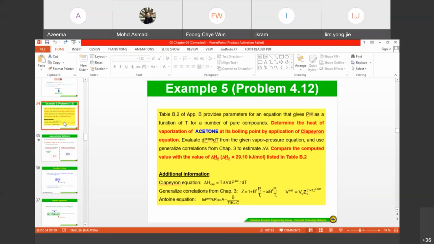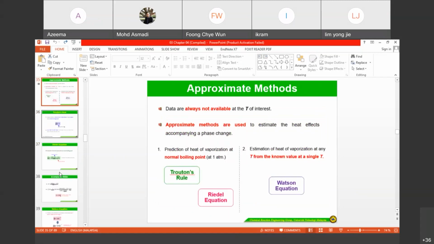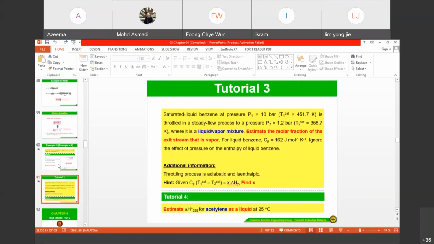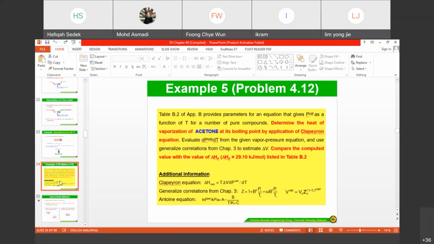Okay, let's move on. Anyone? Havika, did you get the vapor volume? Doctor, still calculating. Please get the value of V vapor, V liquid, and what else? Z. You have to calculate the V vapor, right?